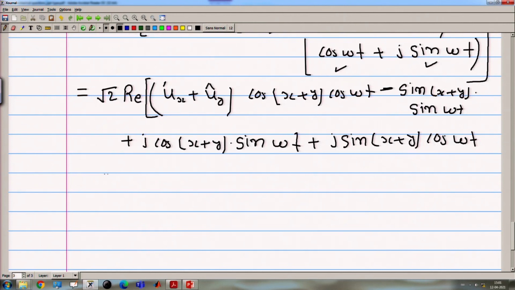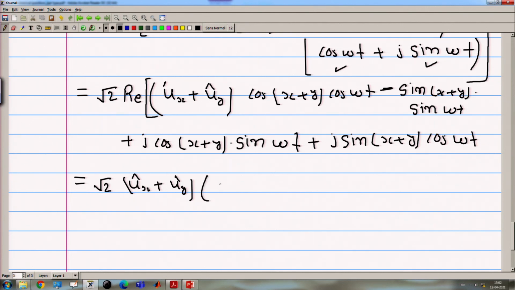So, the final expression for this will be root 2 (ux plus uy), so this will be outside because they are only real quantities, and after this we have to extract the first term.